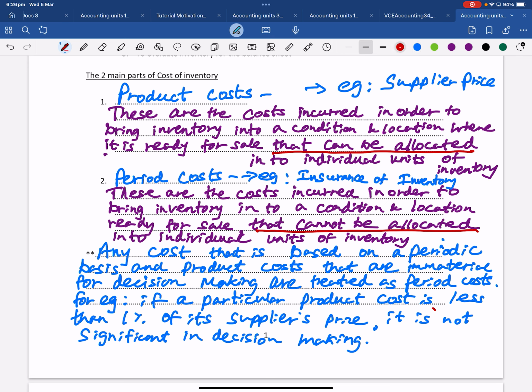What's that word after less than? 1%. Oh. If you have finished writing, guys, please read it.